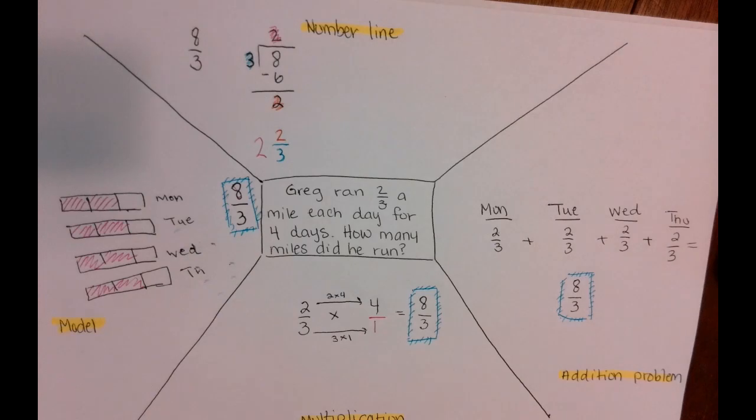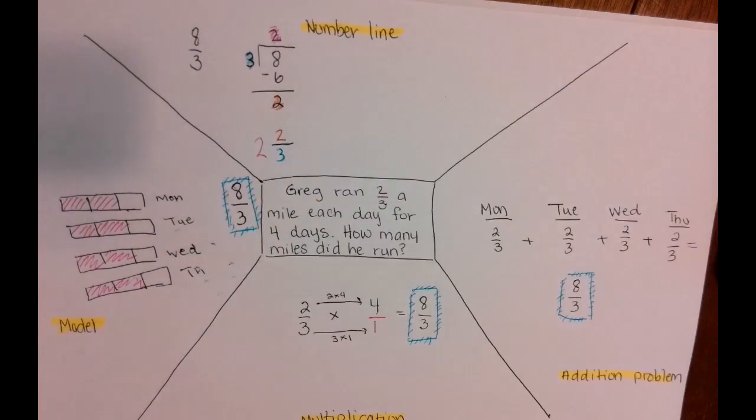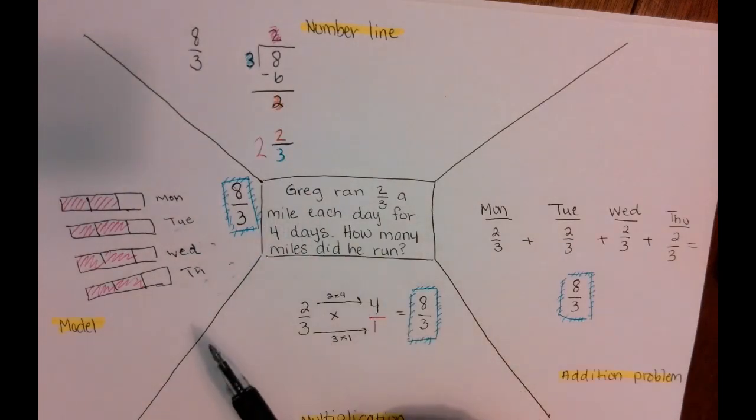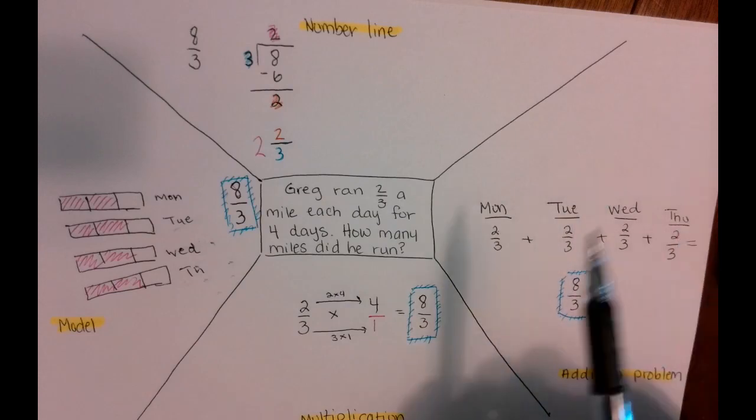Why do you need to convert it before you put it on a number line? Because this is going to tell you how long you need your number line to be. I need my number line to go above 2 and 2/3. Okay, and so you go to the next whole number. What would the next whole number be? The next whole number would be 3.